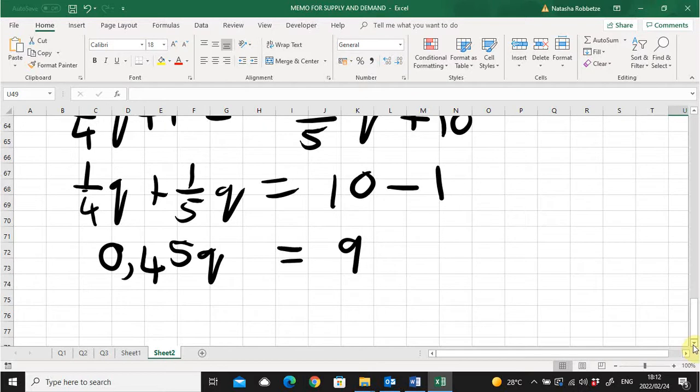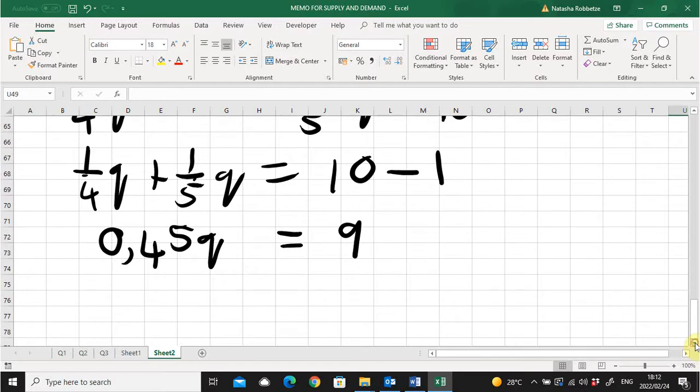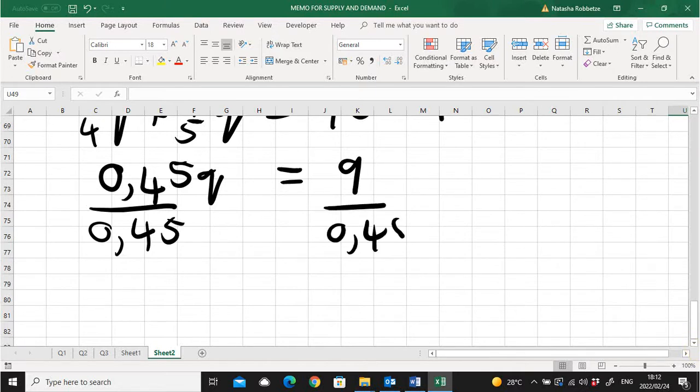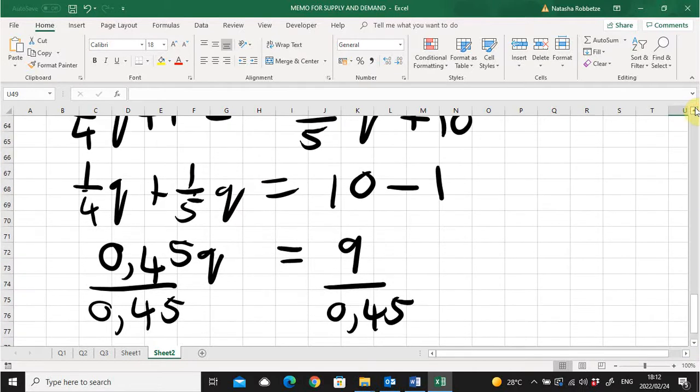So 1/4 plus 1/5 gives us 0.45Q. And then we need to solve for Q, so we're going to divide by 0.45. Just for clarity, how did I get to the 0.45?